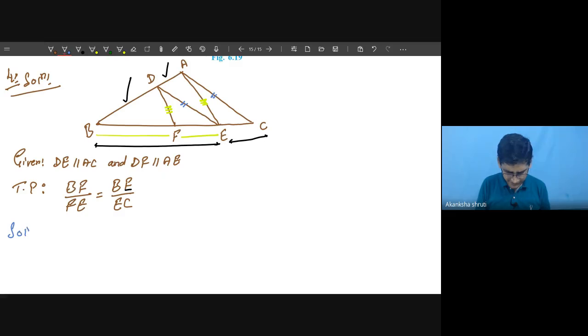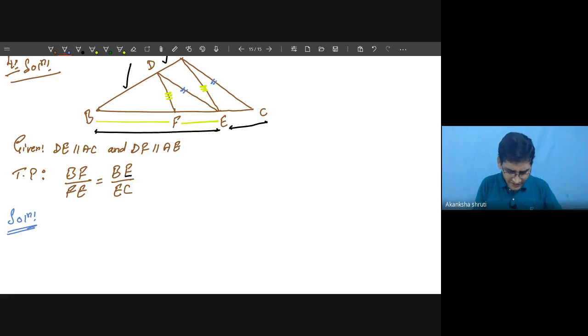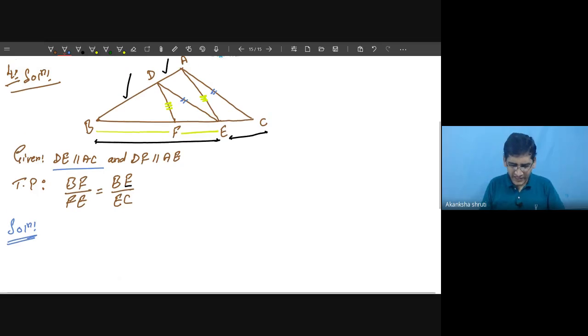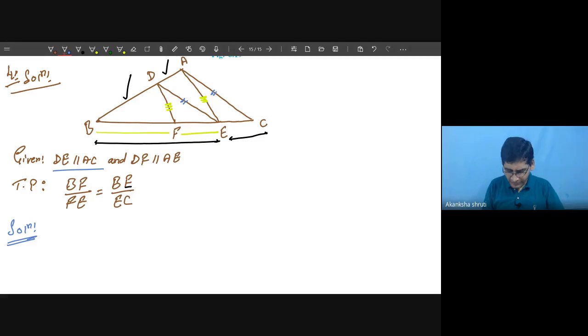Solution. So take this. DE parallel to AC. In which triangle is this? And what ratio which is to be proven, that can be written from this. That is the only idea that you have to keep in mind while writing this mathematics. So write DE is parallel to AC.